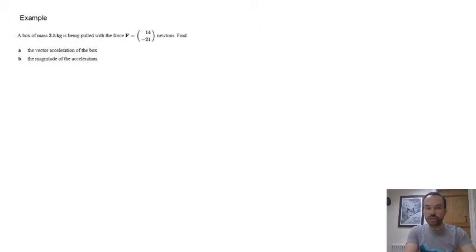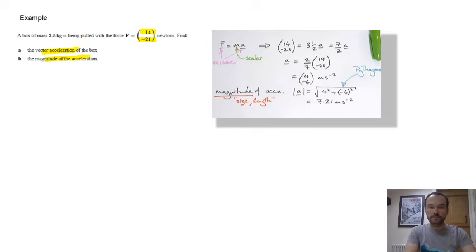But in two dimensions, we can use the vector notation: 14 in the x direction, minus 21 in the y direction, then the vector acceleration, and the magnitude of the acceleration. F = ma, as we're working with vectors, I've underlined the vector parts of it. We can put that in vector form instead of the F, and we can still find the a. I've turned 3.5 to 7 over 2, so I can swap it over.